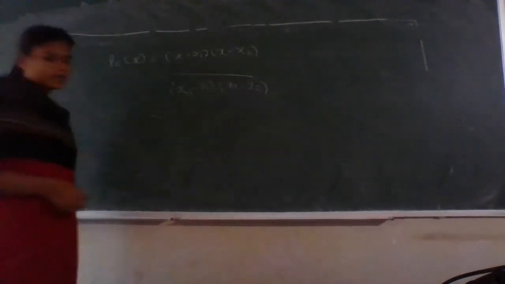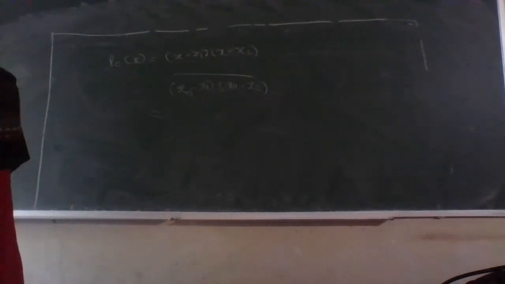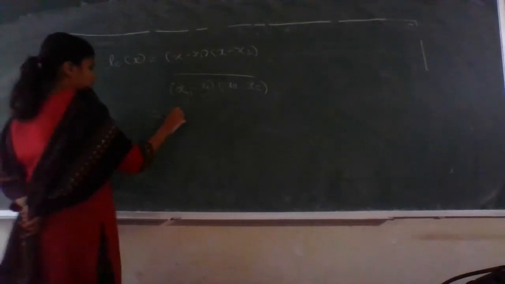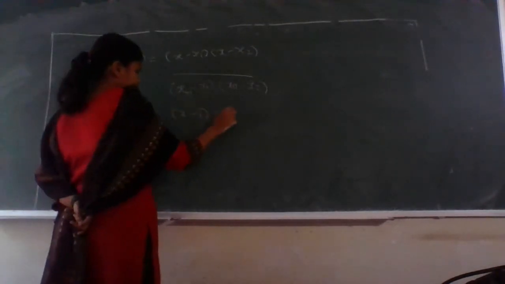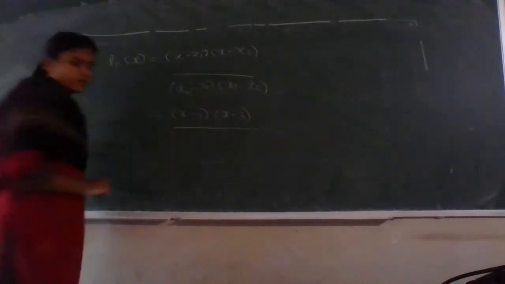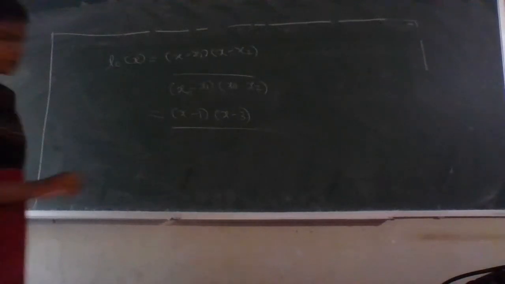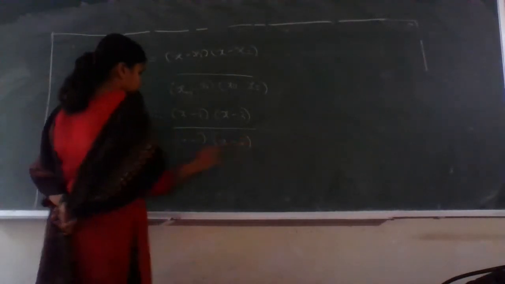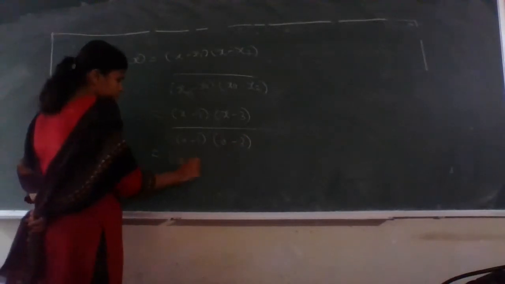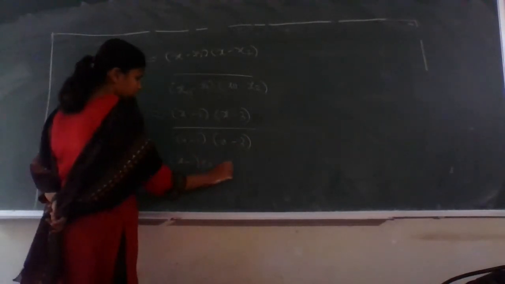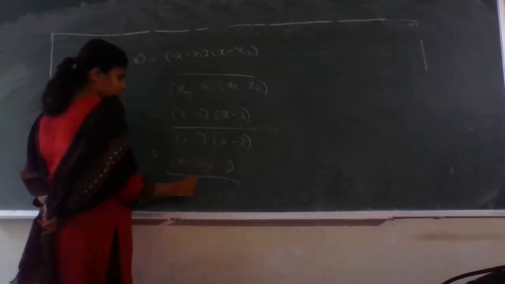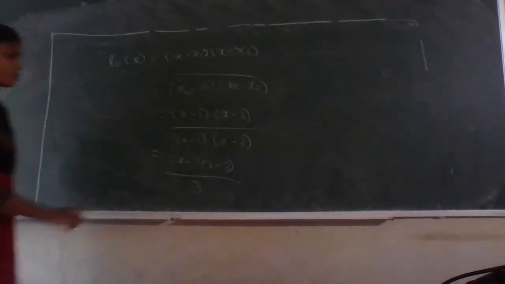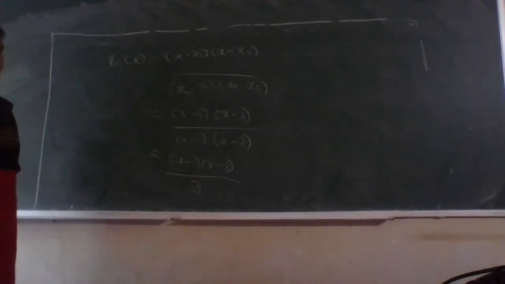Let us write down the values: x minus 1, x minus 3, and x0 is 0, so 0 minus 1 and 0 minus 3. So the answer is x minus 1, x minus 3 divided by minus 1 into minus 3, that is 3. So we have got L0 of x.